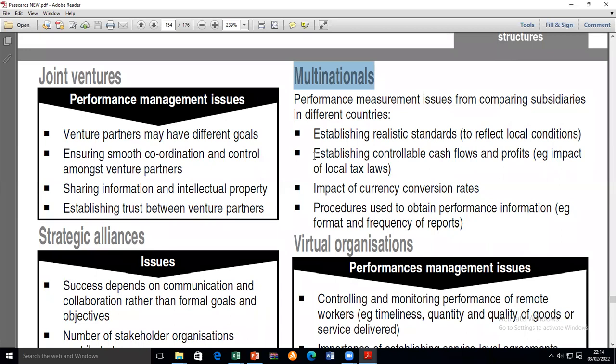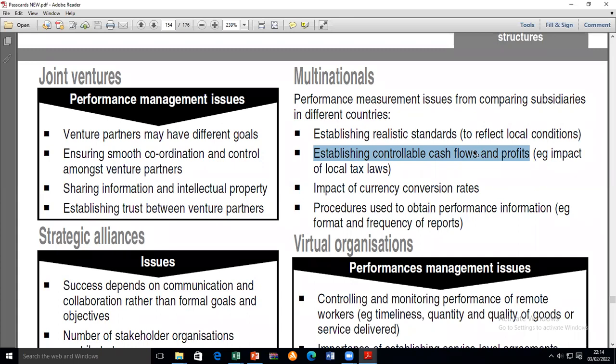From the responsibility accounting point of view, there's this issue: establishing controllable cash flows and profits. So we need to find out who controls what. Maybe things are controlled from the head office. So we need to be very clear about it.